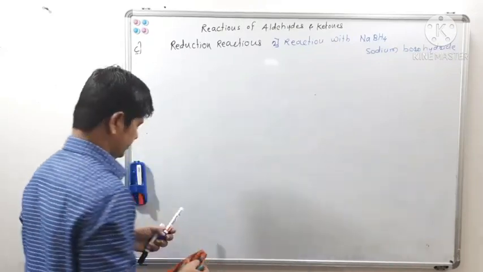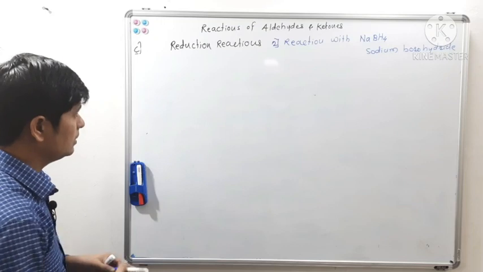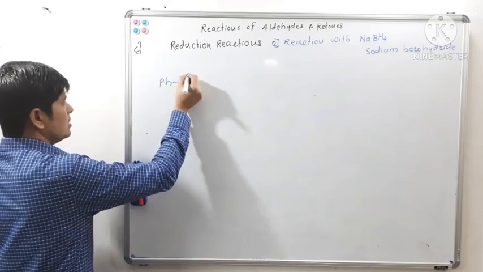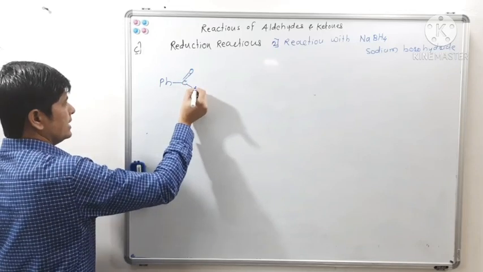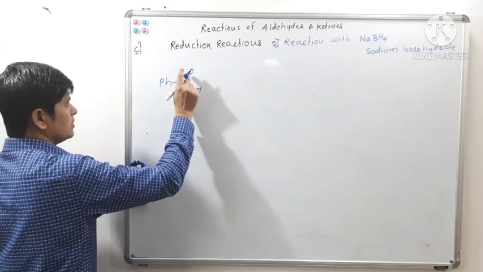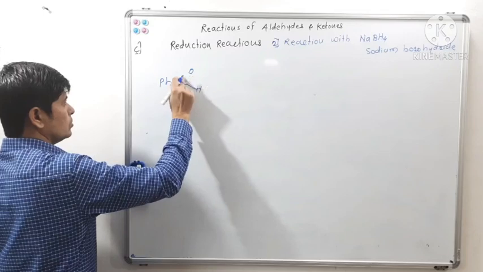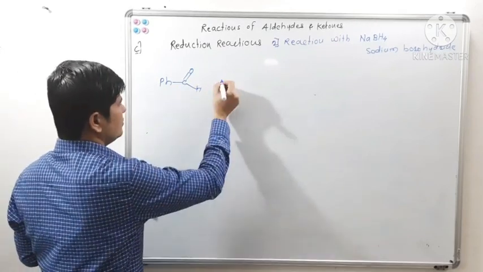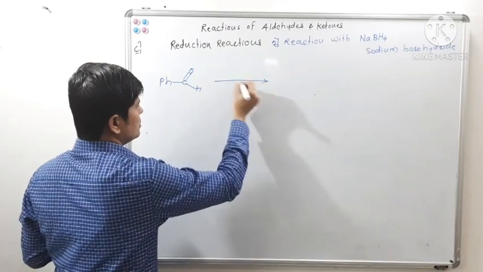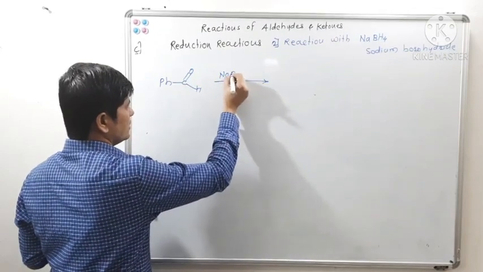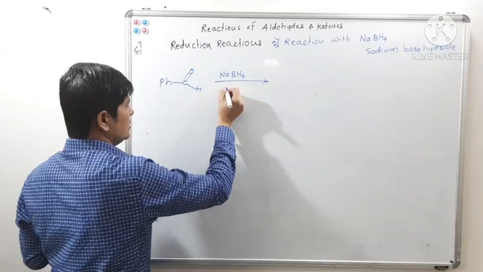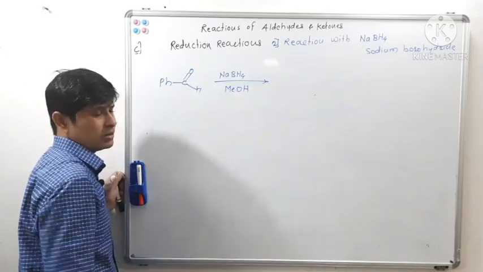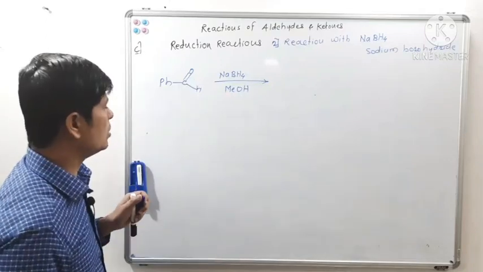Let us see. For example, if we react benzaldehyde with sodium borohydride in an alcohol like methanol as a solvent, so what will we get?